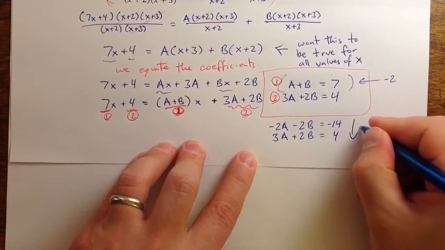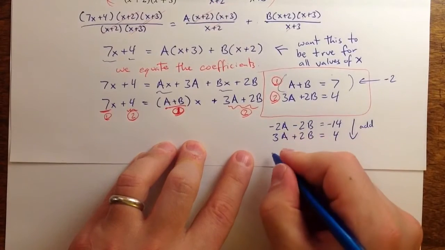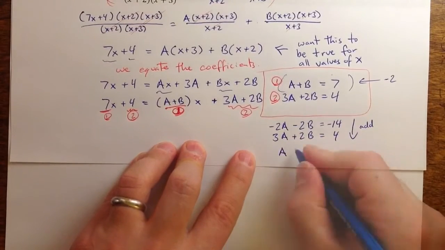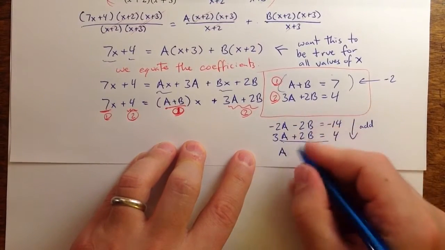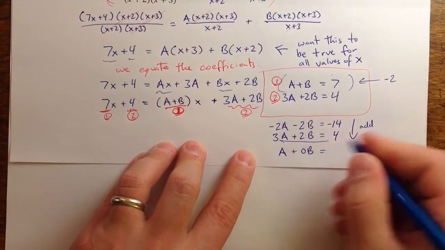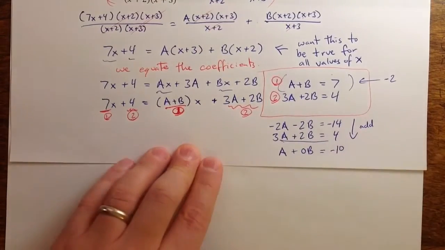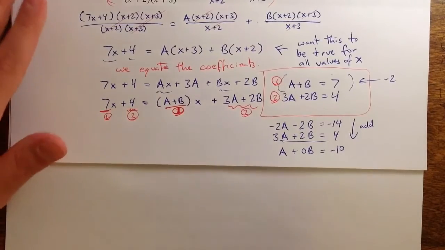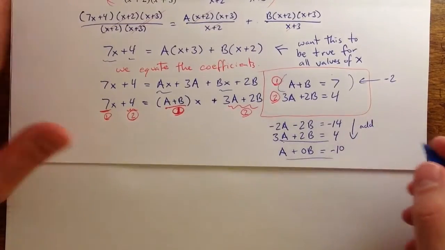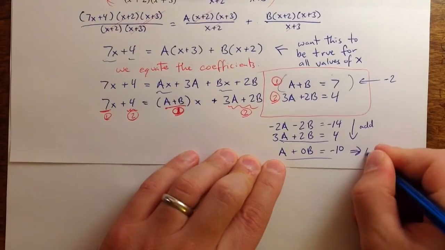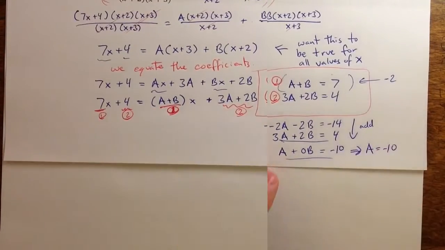If we add those together, we get just 1A, and the B cancels, so I get 0B, and A equals -10. So that gives me one value that I need.